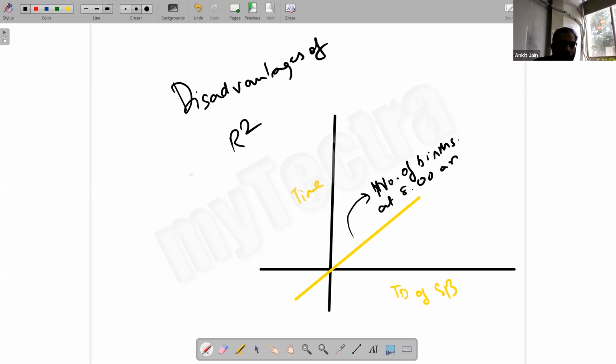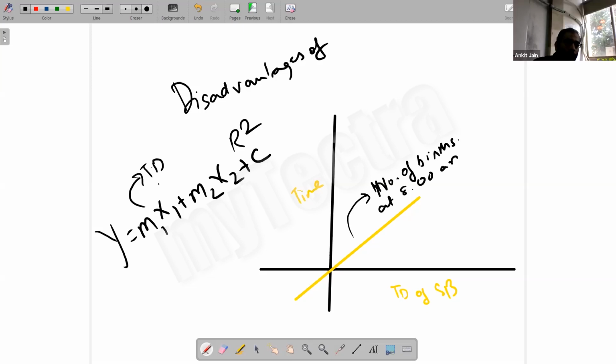So in this case, what will be your model? Your model will be y = m1 x1 + m2 x2 + c. Are you all able to follow? What is x1 here? Traffic density at Silk Board. What is x2 here? Number of births in India. What will happen intuitively when you do optimization?